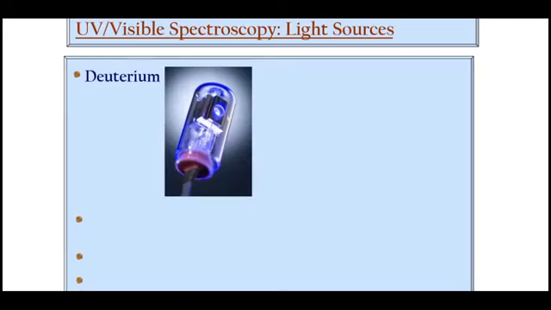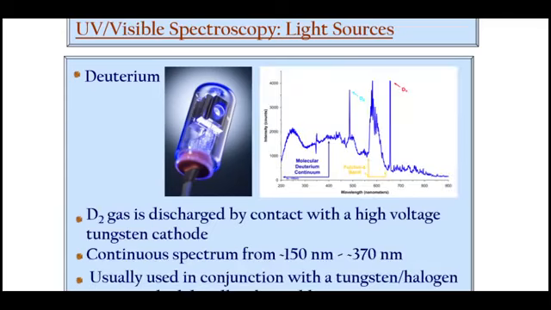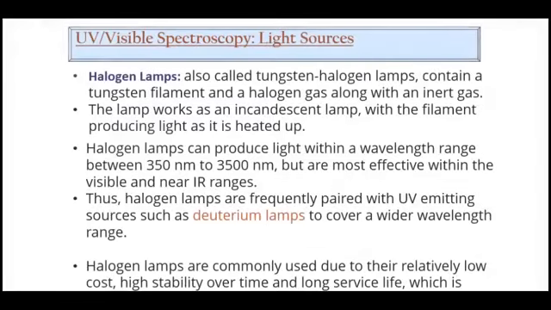Pure xenon has a very wide emission spectrum, higher intensity than a halogen lamp. Xenon is blue shifted for more power in the UV region, used more often for sterilization. Another type of light source is deuterium. Deuterium gas is discharged, and it has a spectrum between 180 to 370.